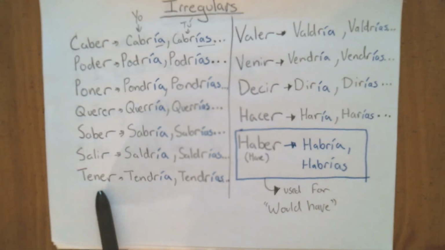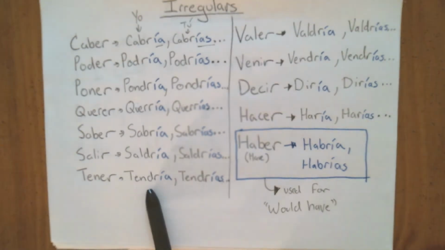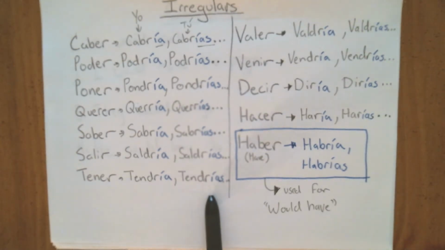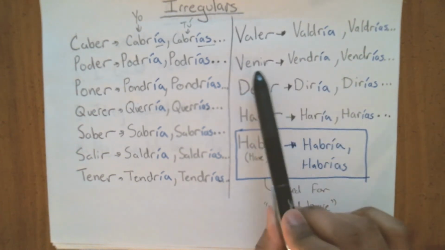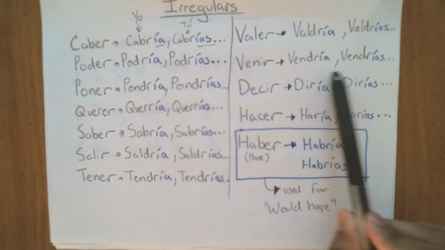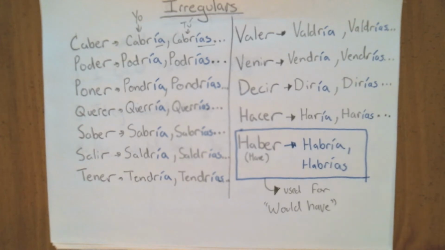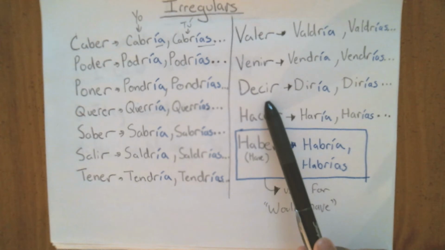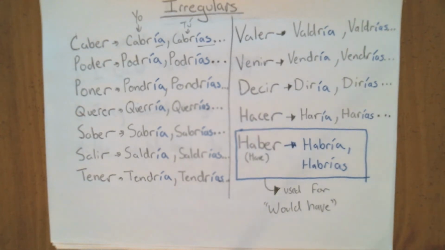Now, tener, meaning to have. To say I would have is not tenería, it's tendría, tendrías, and so on and so forth. How about valer, meaning to cost or to be worth? It's valdría, meaning I would cost, alright? Venir, to come, vendría, vendrías, and so on and so forth. And you understand what I am getting at here. Decir, it means to say or to tell.